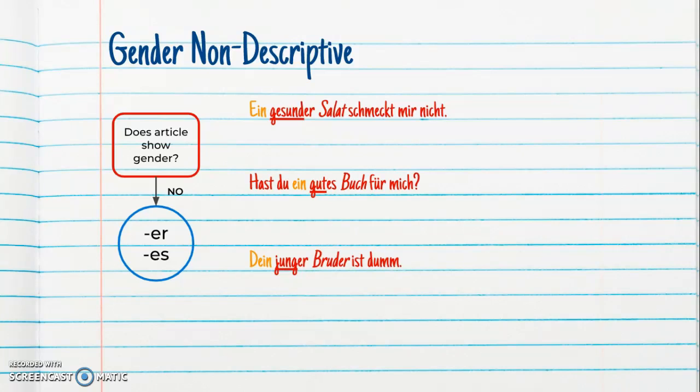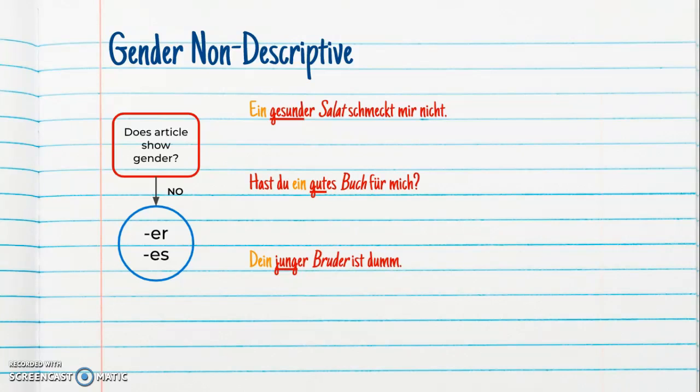So if we look at our first example sentence here, it says, ein gesunder Salat schmeckt mir nicht. And ein, paired with the masculine noun, Salat, ein does not clearly show that it's masculine because ein is also a neuter form of the indefinite article. So that is non-descriptive of gender.